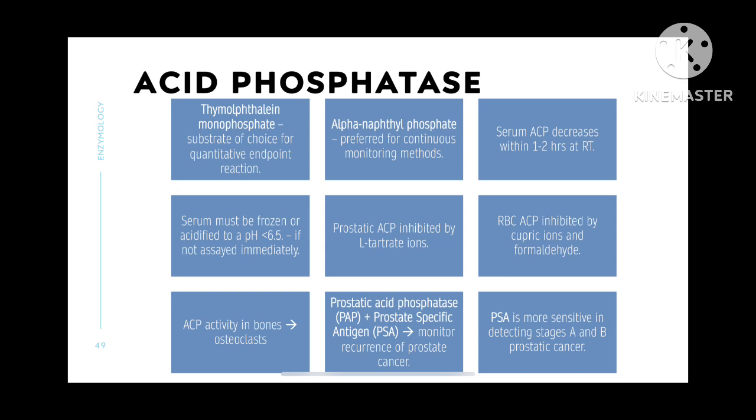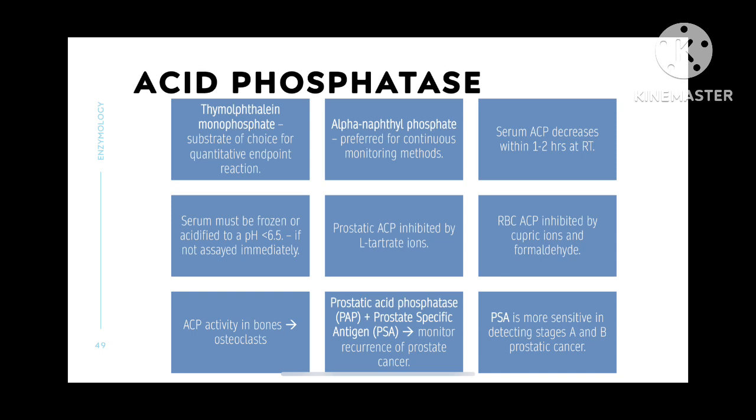Immunochemical techniques, however, are not of value as screening tests for prostatic carcinoma. PSA, or prostate-specific antigen, is more likely than ACP to be elevated at each stage of prostatic carcinoma, even though a normal PSA level may be found in stage D tumors.